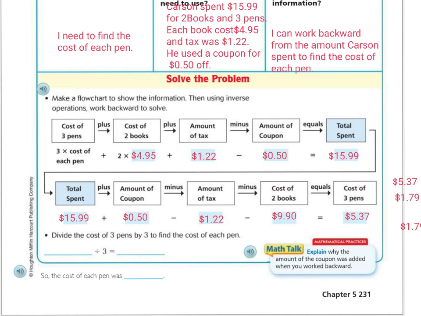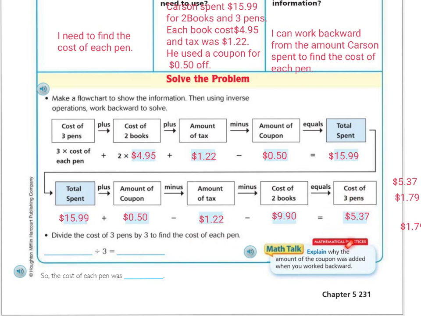If I take $15.99 and I add 50 cents, and then from that total I subtract $1.22 for the tax, and I subtract the $9.90 for the books, I'm going to get $5.37. So we're going to divide the cost of 3 pens to find the cost of each pen.